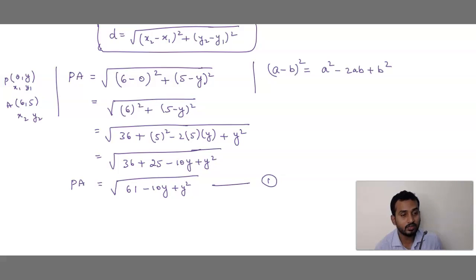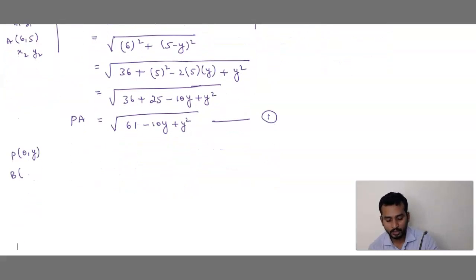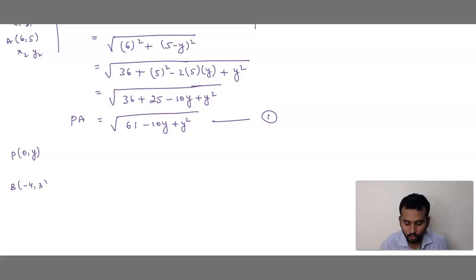Now which distance should we find? PB. Correct? So what are the coordinates of P? 0 comma y. What are the coordinates of B? Minus 4 comma 3. So B coordinates are minus 4 comma 3. This is x2 and this is y2.